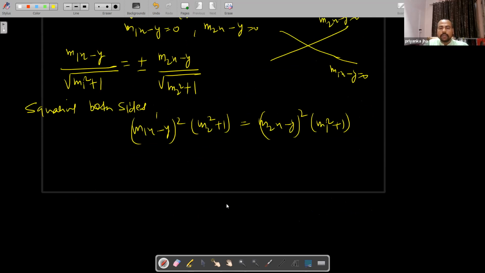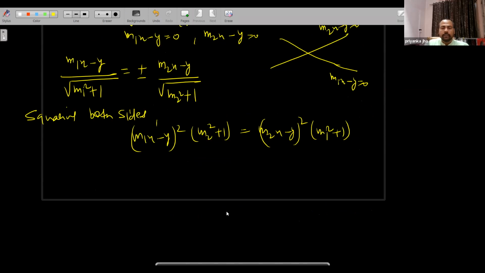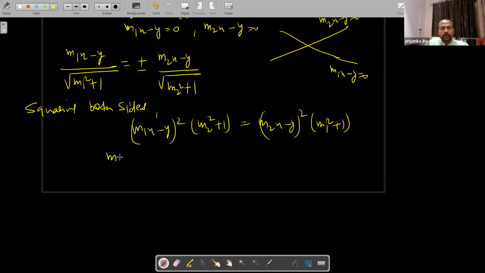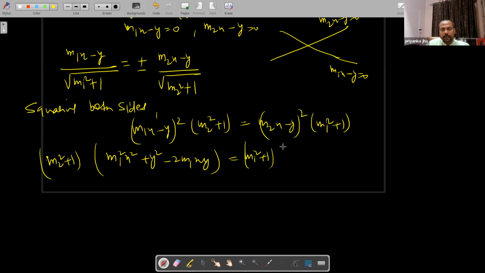Open this and simplify. So this is m1 square x square plus y square minus 2 m1 x into y, and then m2 square plus 1. Here m1 square plus 1, and this is m2 square x square plus y square minus 2 m2 into x into y.